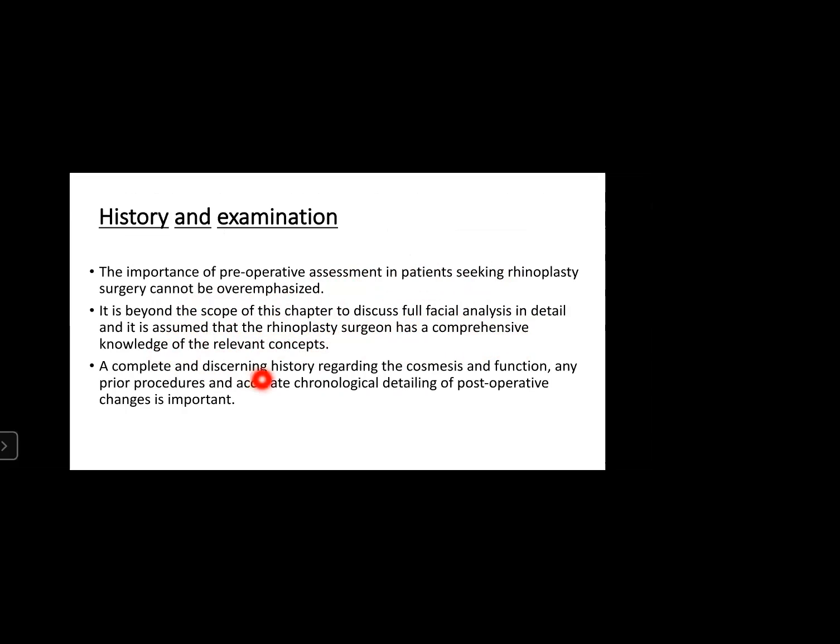A complete and discerning history regarding the cosmesis and function, any prior procedures, and accurate chronological detailing of post-operative changes is important. Very important is history taking. Pre-operatively, you have to assess. You have to take photographs from front, lateral view, superior view, all these things. They are very important. They cannot be overemphasized. That means they are a must.